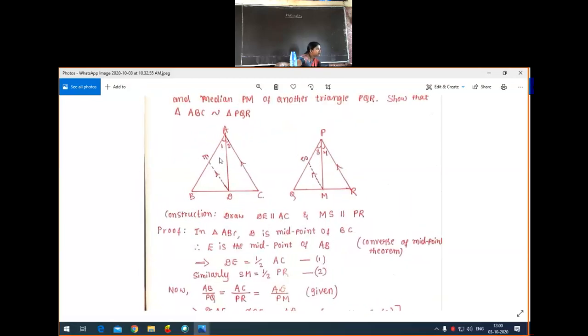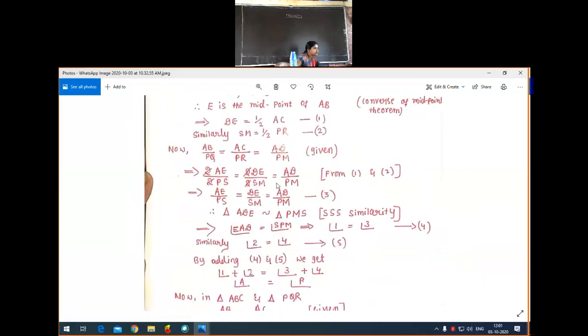Here, where we marked 1, the ratio of the sides of this triangle has come out proportional to the ratio of the sides of this triangle. We got the result AE by PS equal to DE by SM, equal to AD by PM. Can we say that these two triangles are similar from this result? Yes, of course, triangle ADE is similar to triangle PMS according to SSS similarity criteria.